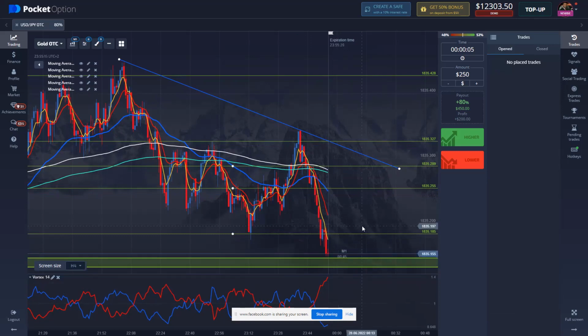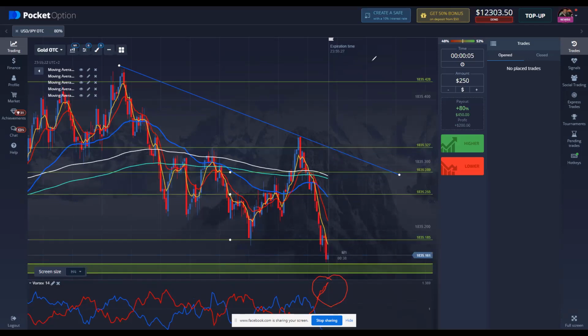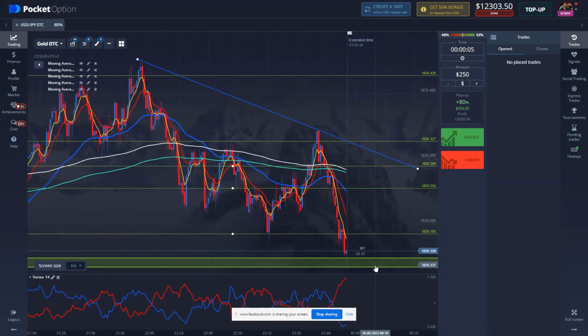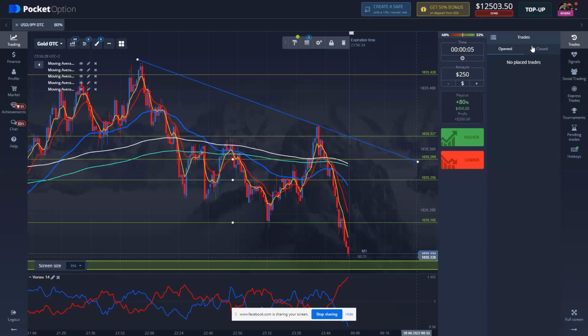I might still be going bearish. Let's see, the red line in the vortex is still sticking up strong. So it might not be done selling yet. I got another win on the sell here.